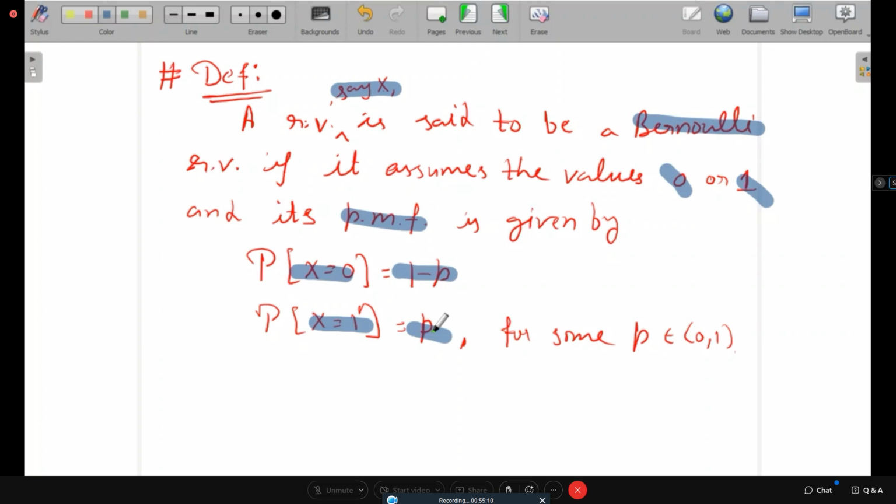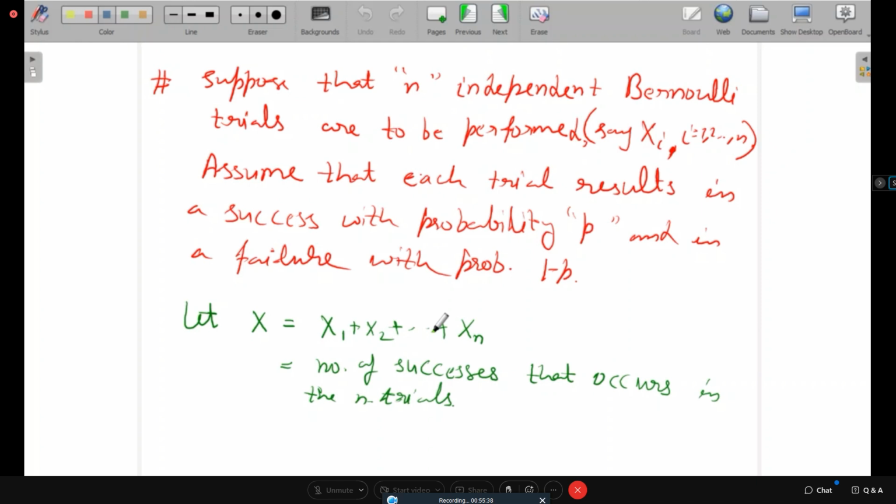How many times will you get a success? In other words, the sum of n Bernoulli random variables, which will take values from 0 to n. So the Bernoulli trial leads towards the binomial random variable.